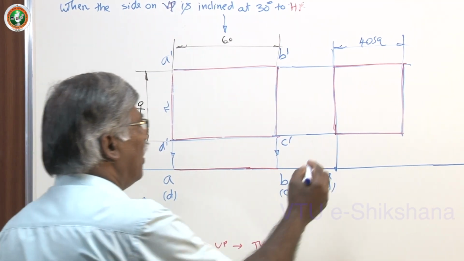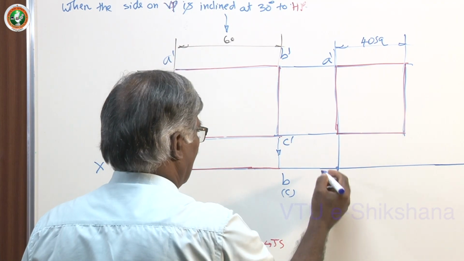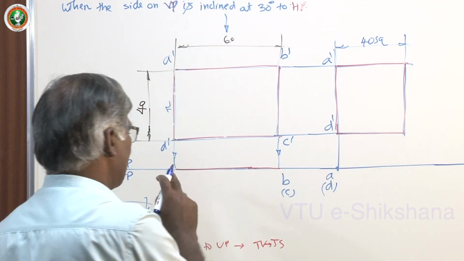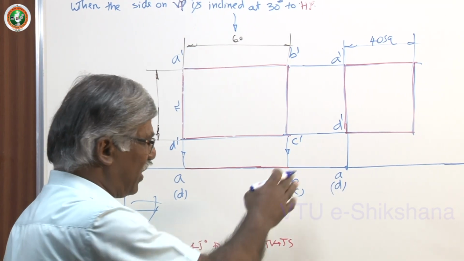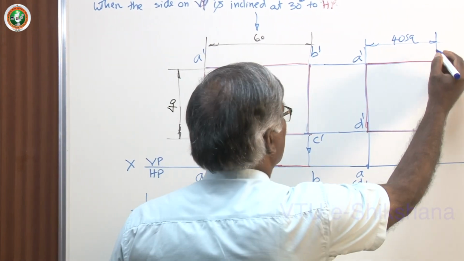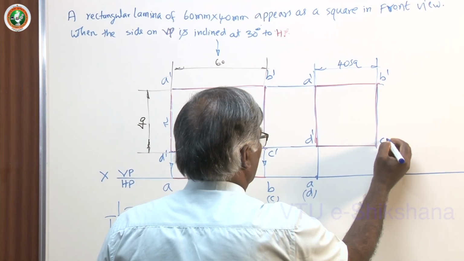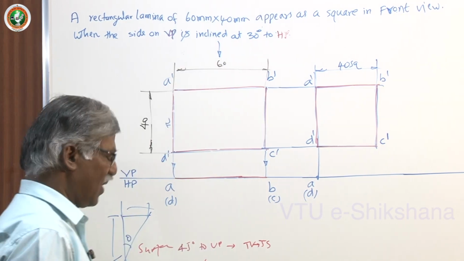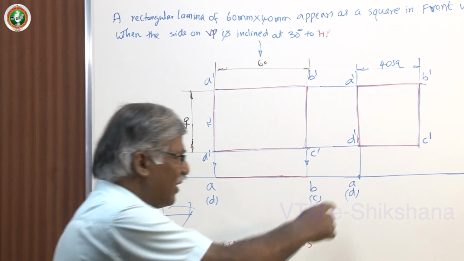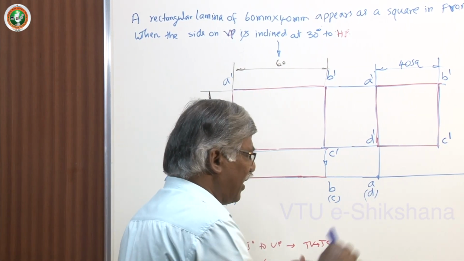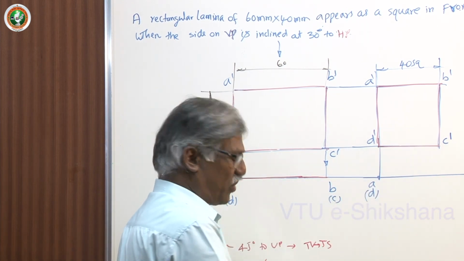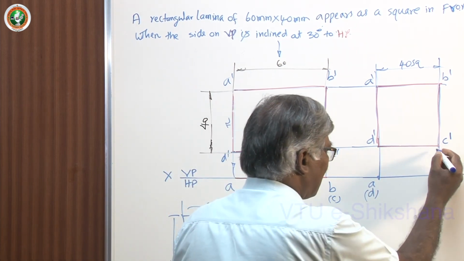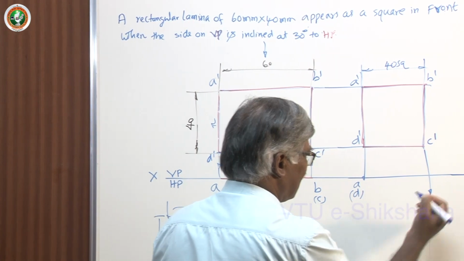Now name it A dash D dash, because we have fixed AD. Here you can fix BC also, or rotate either way. Now this is B dash, C dash. When you give inclination to the VP, we take it like this, then project. It is the reverse procedure: project in the different direction.